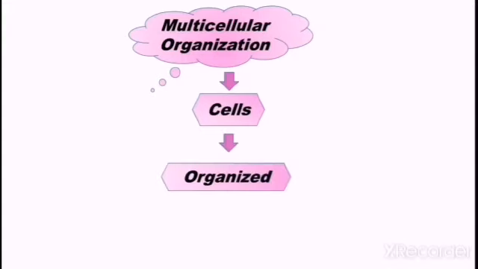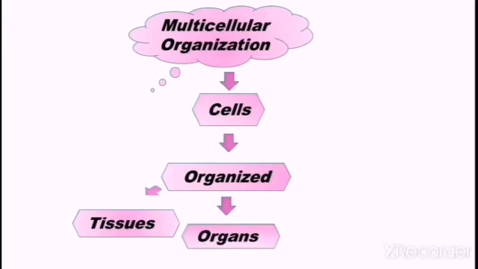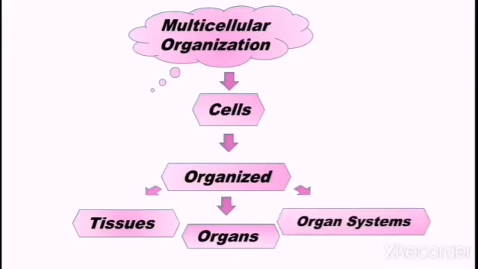The next is multicellular organization. Multi means many and cellular is from cell. So multicellular is made up of many cells. What is multicellular organization? In multicellular organization, cells are organized into which thing? They are organized into tissues, that are groups of cells, and then organs. When tissues are combined, they form the organs, and then organ systems.